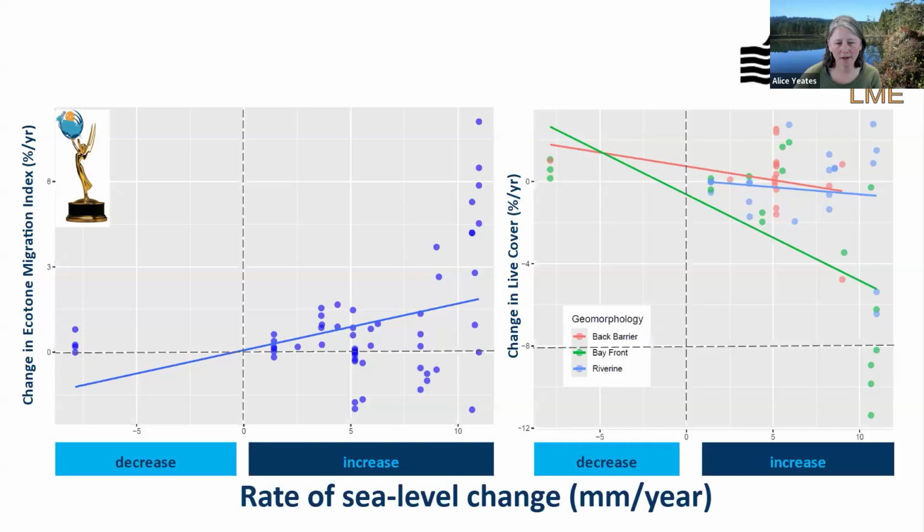And then on the right-hand side, you can see changes in live cover. And you can see that there's an interaction effect here with geomorphology, but generally each of these 3 types of geomorphology are decreasing in percent live cover with increasing sea level rise. Next.